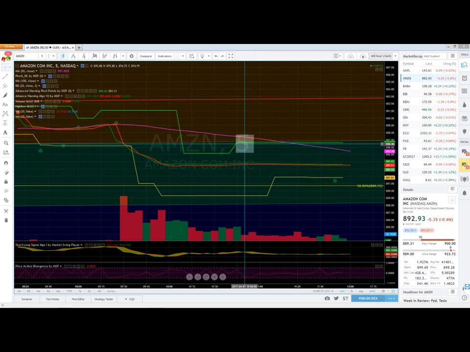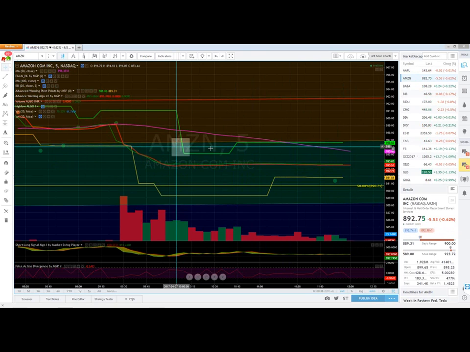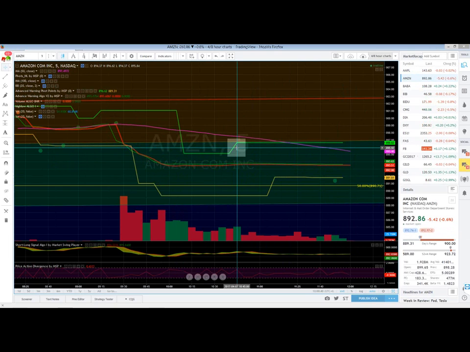The green pivot point normally means price has met some sort of resistance, and the gold pivot point means that price has met some sort of support. As you can see, this is Amazon and I'm using a 5-minute chart.